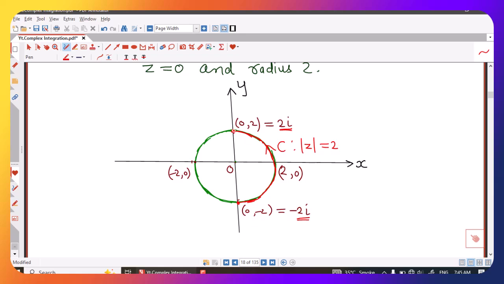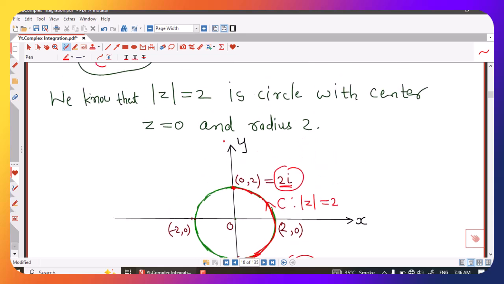This shaded portion is the right half of the circle mod z equal to 2 from z equal to minus 2i to z equal to 2i.